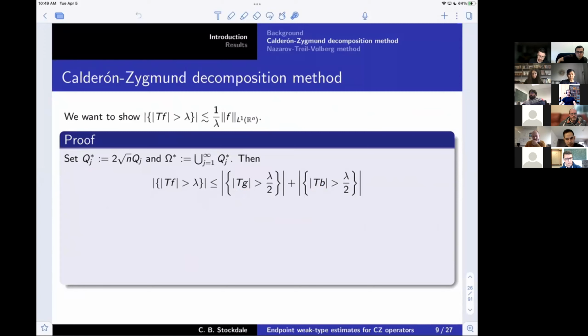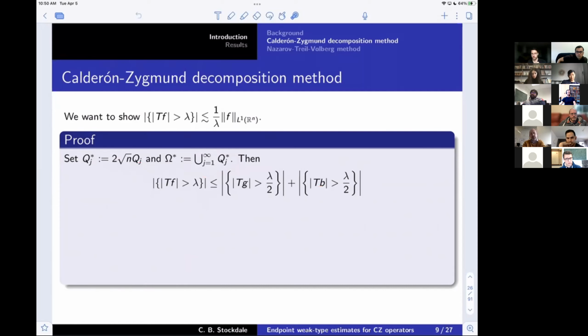Then what we do is we consider the support of our bad function b. Remember, each of the bj's that sum together to give you the function b are supported on a cube, which we denoted by qj. So what we're going to do is consider that cube and enlarge it by an appropriate dimensional constant, and then piece all those together. We're going to call that exceptional set omega star, but it's essentially just an enlarged version of the support of b.